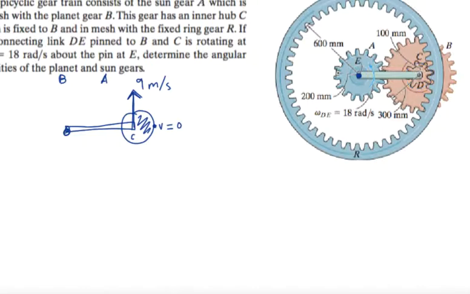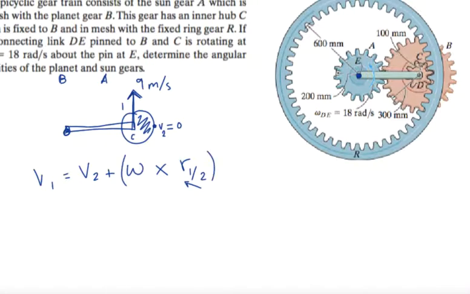Okay, so let's go ahead and complete this equation. Let's call this V1, and this is V2. So V1 is equal to V2 plus the cross product of omega times the position vector that goes from 2 to 1.